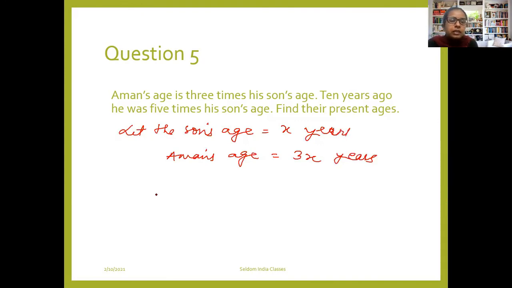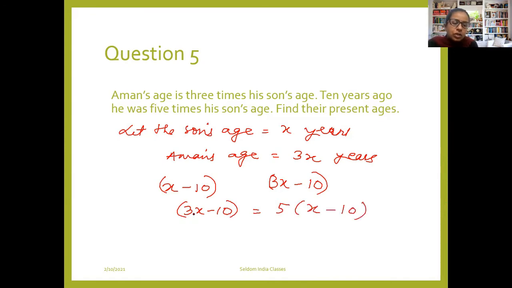Now, 10 years ago, he was 5 times his son's age. 10 years ago, their ages will be x minus 10 and 3x minus 10. Aman's age was 5 times his son's age. Now solve the equation. 3x minus 10 equals 5x minus 50.